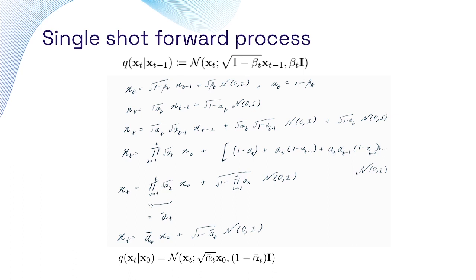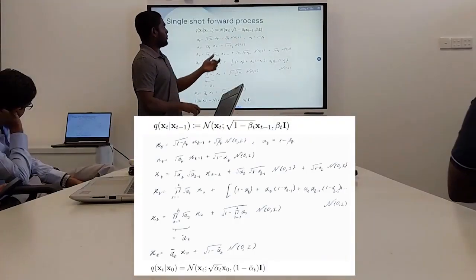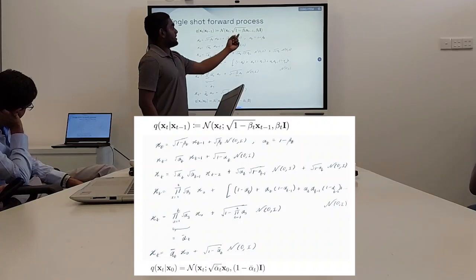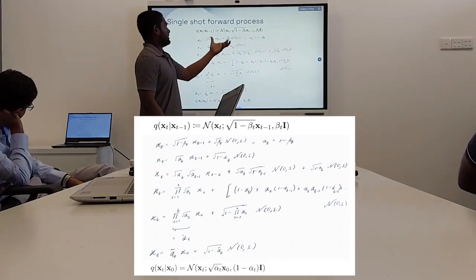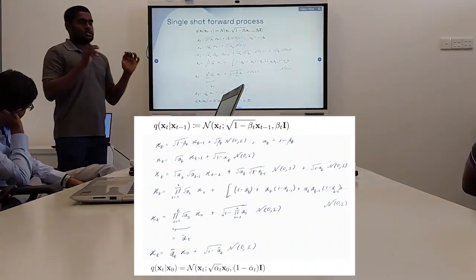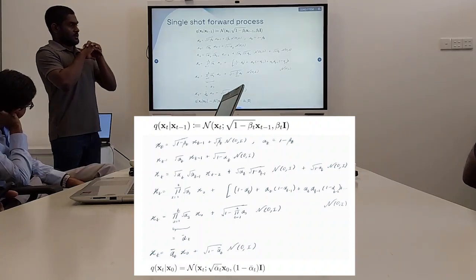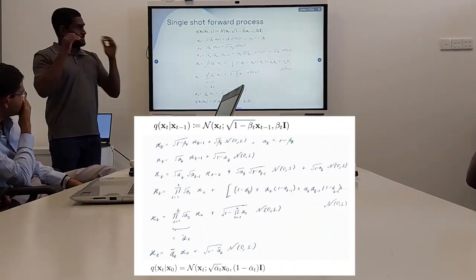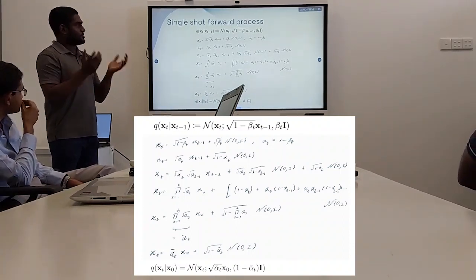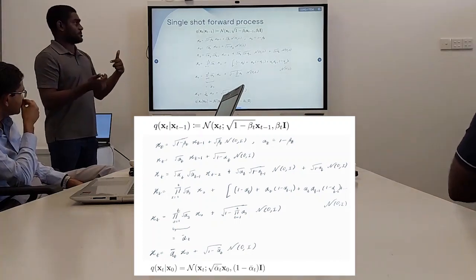So this x_0 is our original image, and using x_0 we can directly come to x_t using this computation. One more thing to highlight at this point is the weights we give to the original image and the variance. As I mentioned, what we are doing is making a noise distribution and then sampling from that distribution.